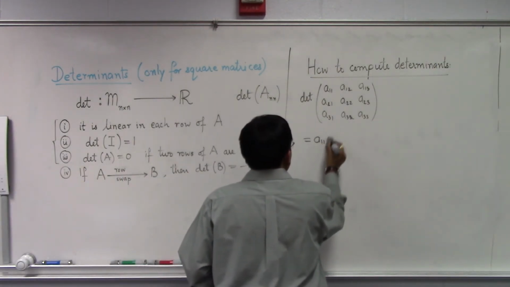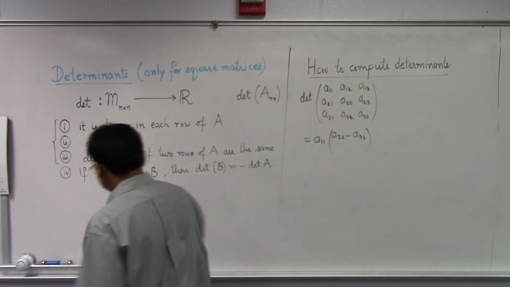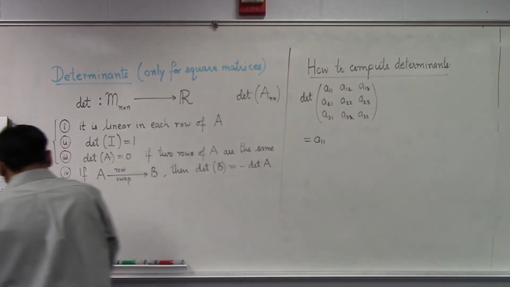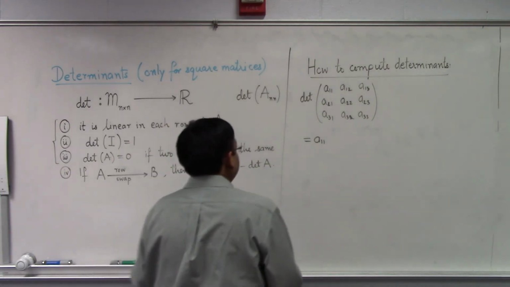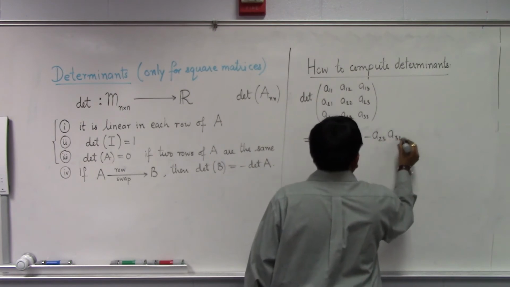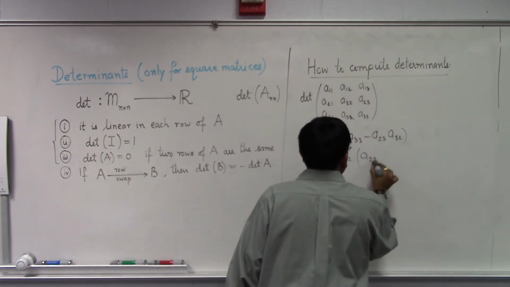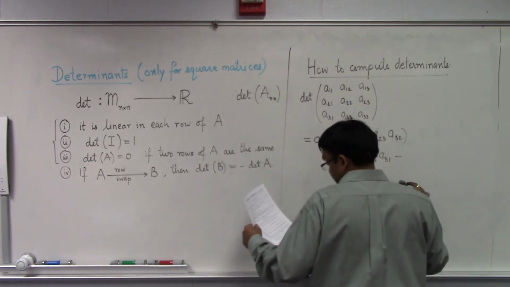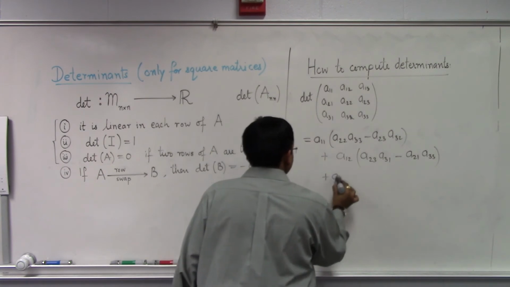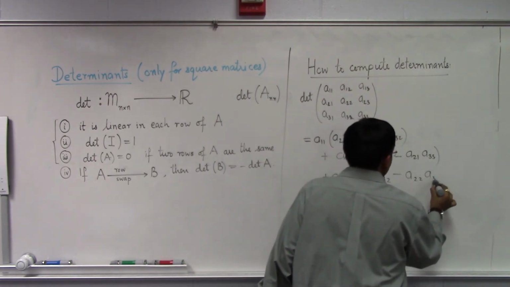This is how it will look: A11 times (A22 A33 minus A23 A32) plus A12 times (A23 A31 minus A21 A33) plus A13 times (A21 A32 minus A22 A31).